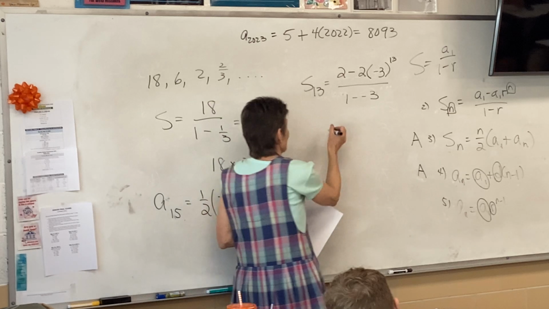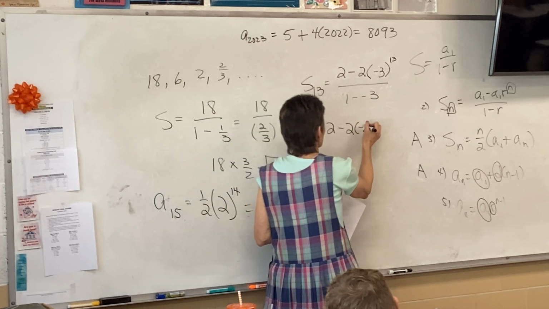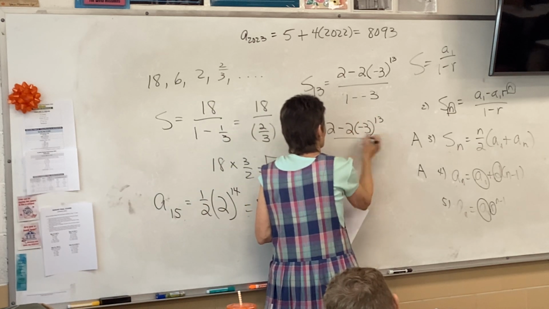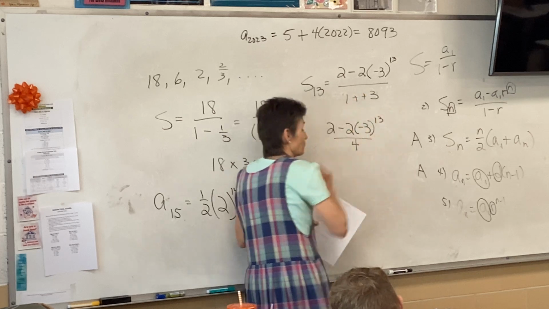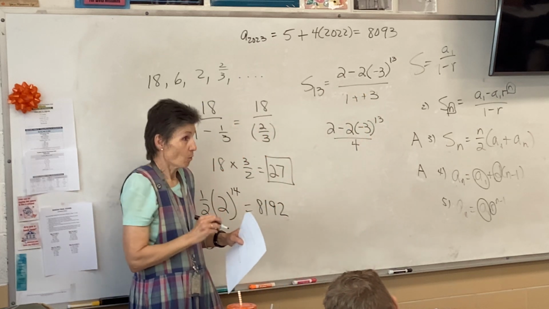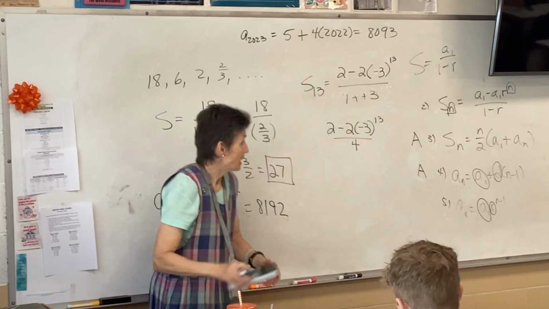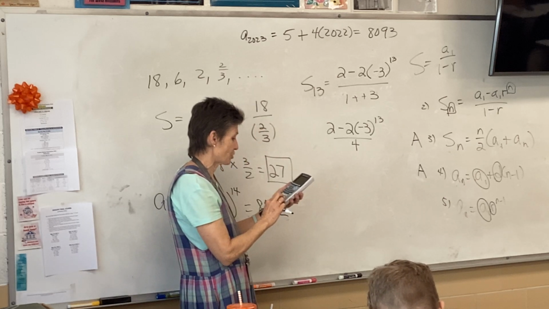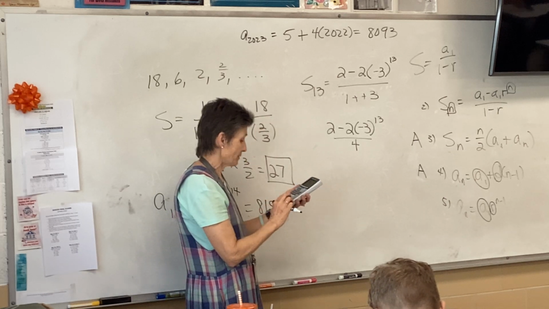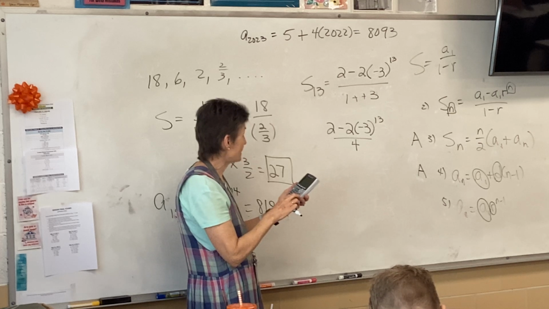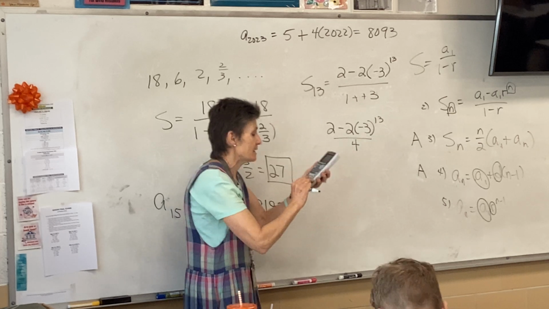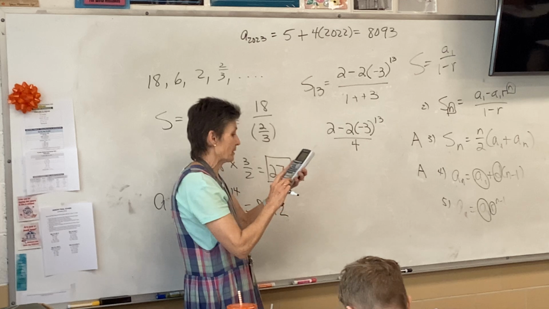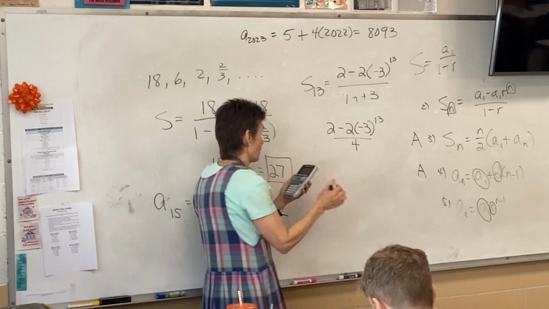Now always use your denominator first, please. So 1 minus negative 3 is 4. Now I'm going to type in my numerator. 2 minus 2, parentheses, negative 3 to the 13th, equals, divided by 4.